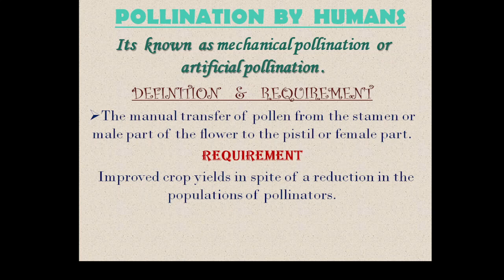You can say there is a great strike at the life of these pollinators, so their numbers are decreasing, and the numbers of the poor yields of crops are increasing. To avoid this dominance of poor crop yields, artificial pollination is done so that there are more and more improved crop yields. That is, the pollination takes place in spite of the smaller number of pollinators.